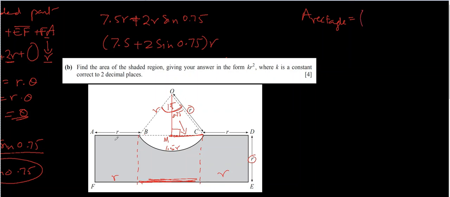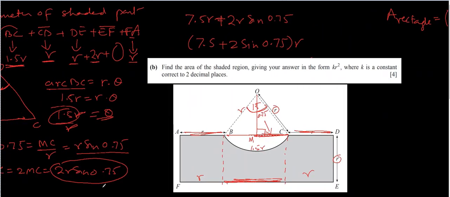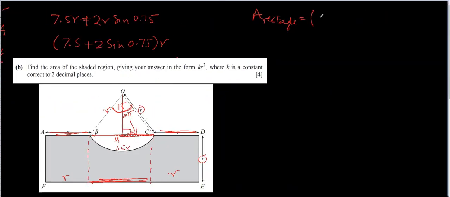Length was r plus r, and then we got this length as 2r sine 0.75. That is the length. So r plus r is 2r plus 2r sine 0.75. This is the length times width. Width is r. So I'll keep it safe for the time being. We'll see what we can do with this.